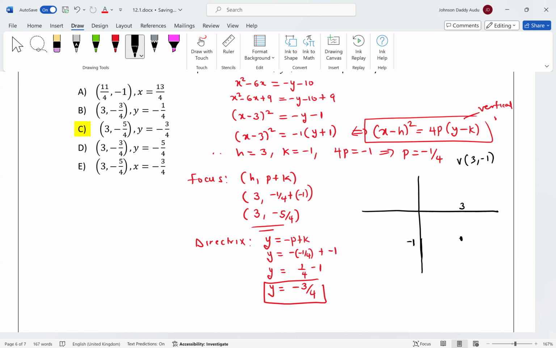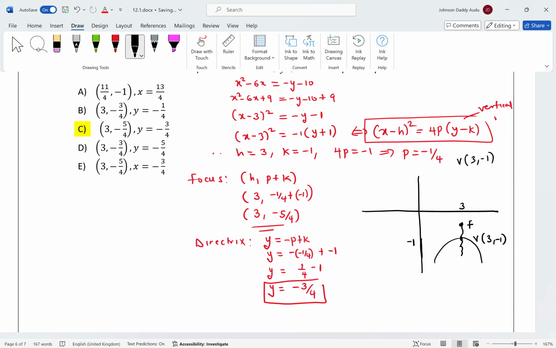All right, so if it's going to open down, you need to go a distance of p. Remember, this is our vertex now. So our vertex is 3 and minus 1. So you need to go a distance of p to find your focus, right? So this is going to be our focus here.